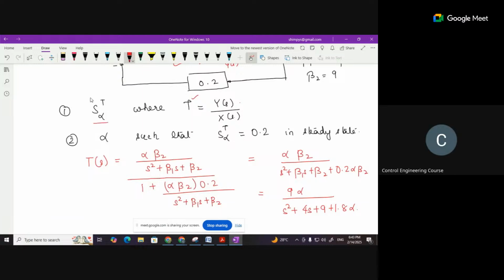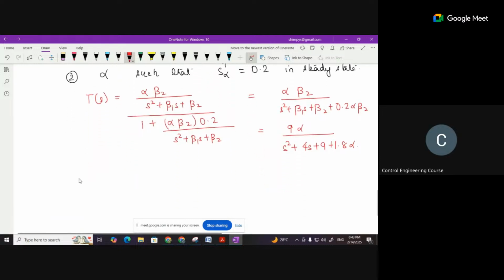Now, let us find out the sensitivity of this transfer function with respect to alpha. Correct? So I can start like this. The sensitivity with respect to alpha is given as del T by del alpha into alpha by T. Is it correct?